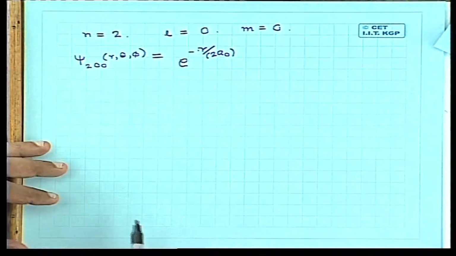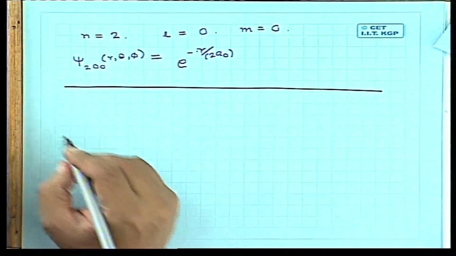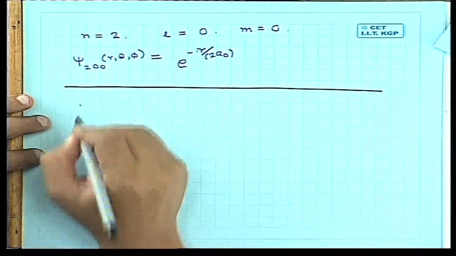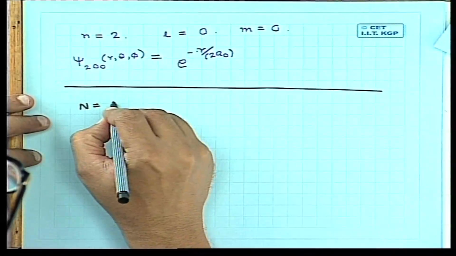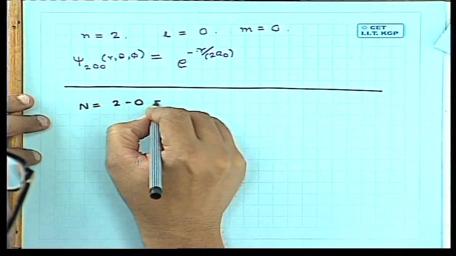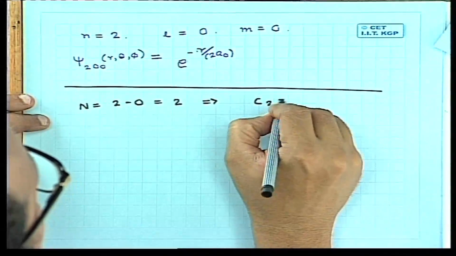This is the first thing. Let us also calculate this p, the polynomial. So now N is equal to 2 minus 0, so it is equal to 2, which implies that C2 is equal to 0.